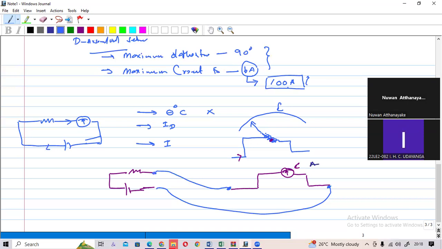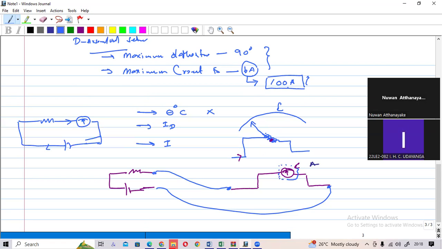Actually, this coil is normally made using maybe copper. Okay, copper also has a resistance. So this coil also has a resistance, so this diagonal setup will have a resistance.